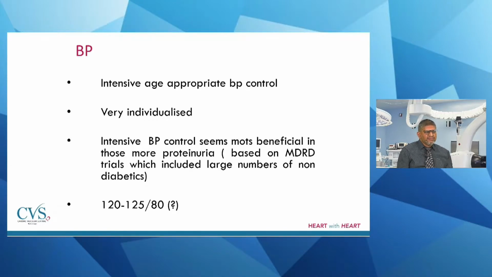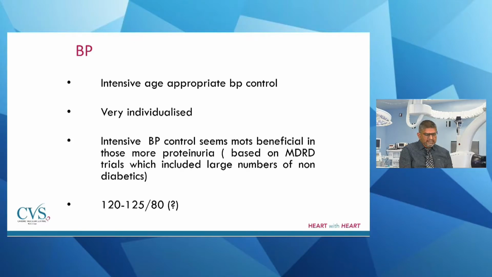Okay? And the numbers given, 120 to 125, is not a fixed number that we use for every patient. In older patients, we're a bit more careful. Those with a lot of cardiovascular disease and stroke, etc., you may be more careful.